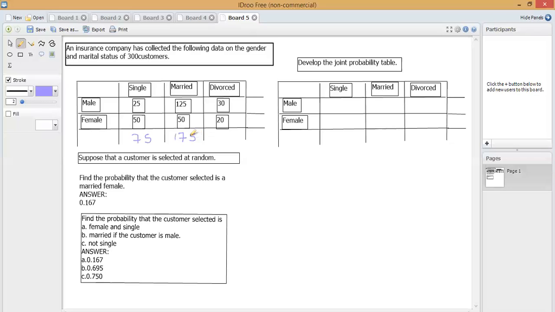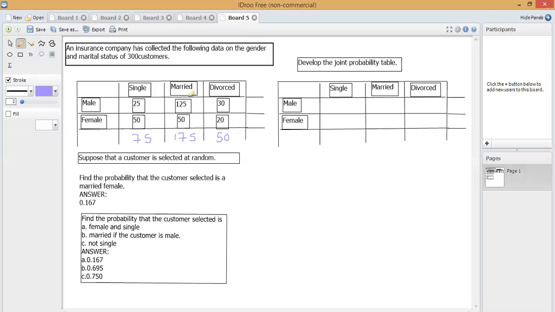It doesn't matter whether male or female. As long as they are married, they will fall under this category. For divorced, 20 and 30 will be 50. So there are 75 singles, 175 married, and 50 divorced.